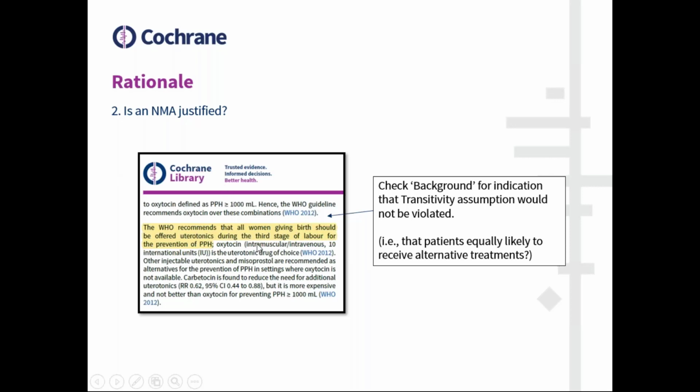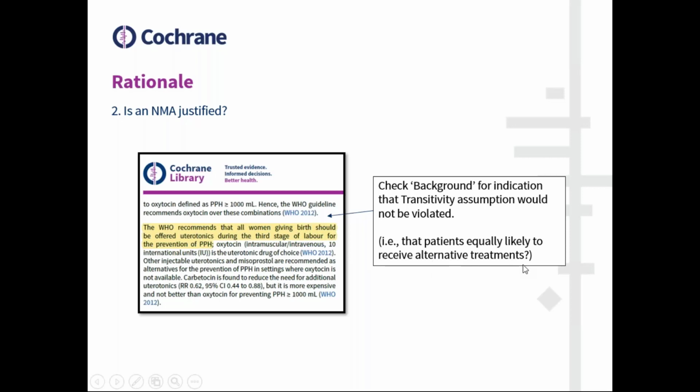As well as looking at why it is important to do a review, it's also important to check the background for indication that the transitivity assumption would not be violated. Transitivity is an important assumption that reviews, including network meta-analysis, need to consider, and that's that patients are equally likely to receive alternate treatments.